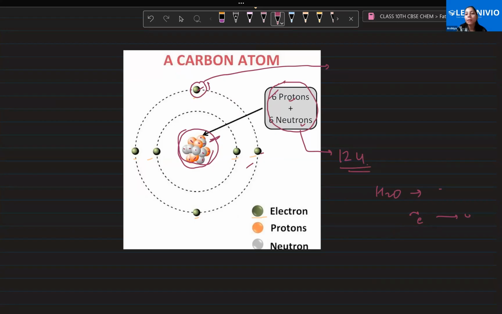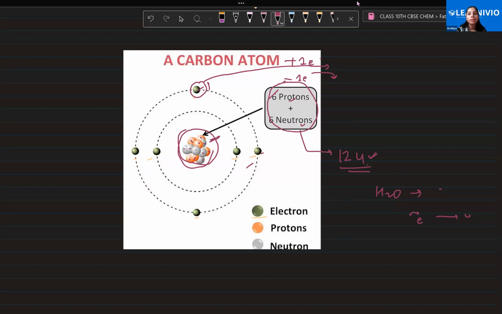But the atomic mass remains constant. It remains constant because that's why we don't involve electrons, because it has to be constant. If we involve electrons, then it will keep on changing. If the atom gets 1 electron, then it will change. Or if 1 electron goes away from this atom, it will change. So that's why we don't include the electron.